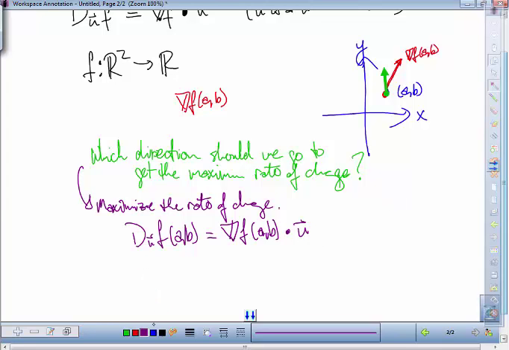Now there's some important aspects of this that we need to consider, that at a particular point this is fixed. The gradient is fixed. It's constant.